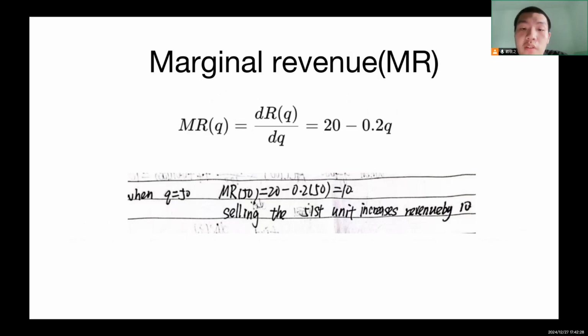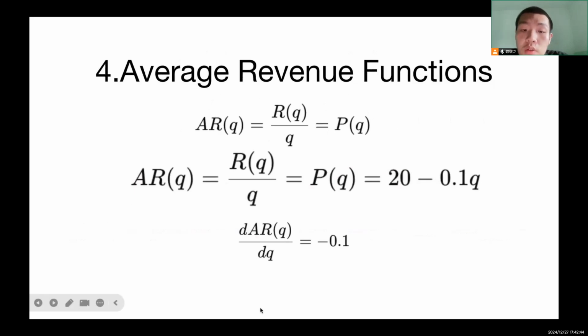And the derivative of the revenue function is the marginal revenue, which is 20 minus 0.2Q here. And when Q equals 50, the revenue for selling the 51st pen is 10. And the average revenue function is the P we talked of before.